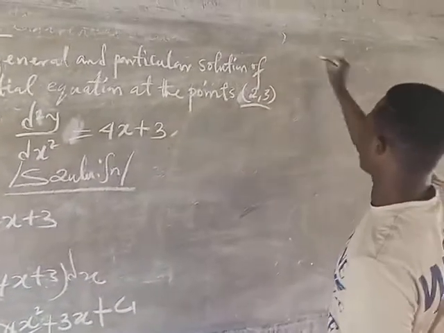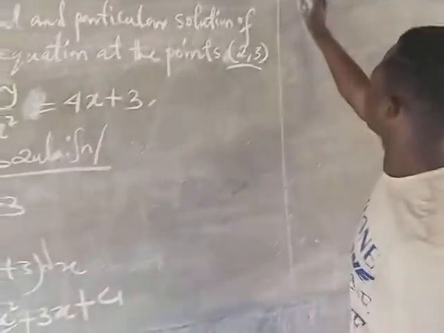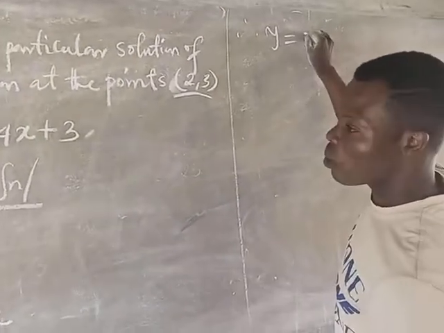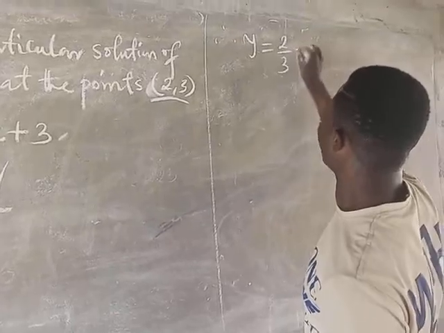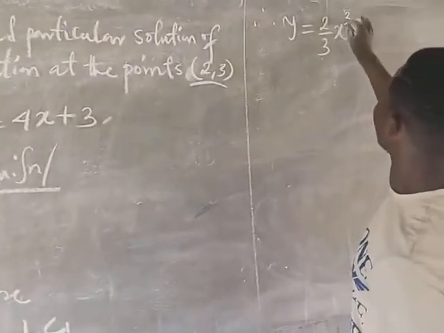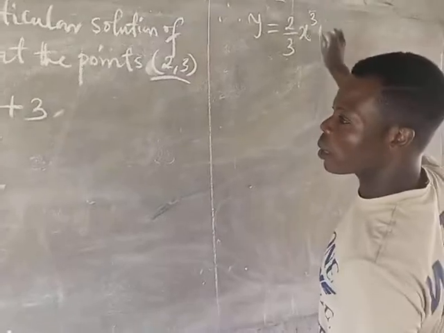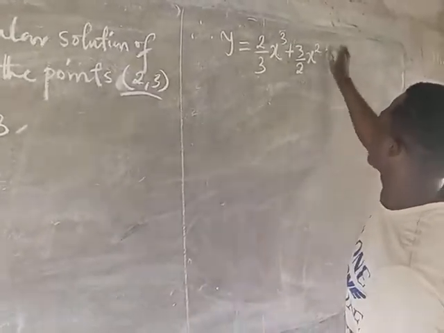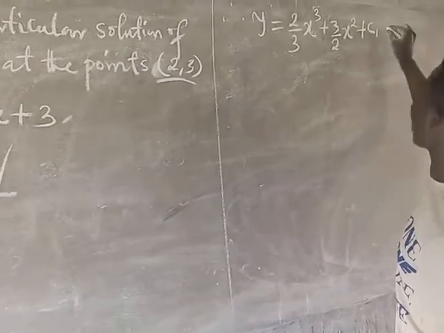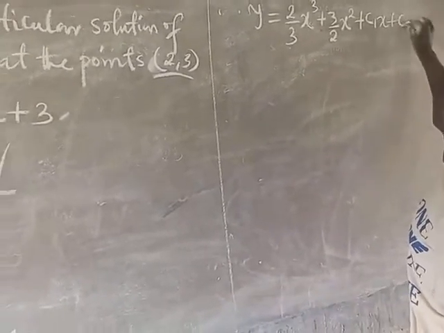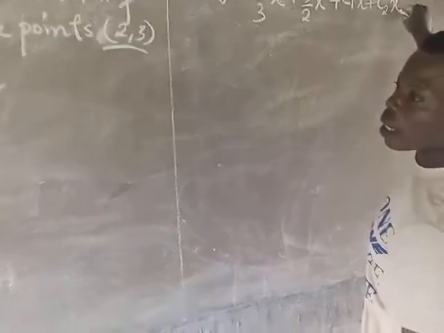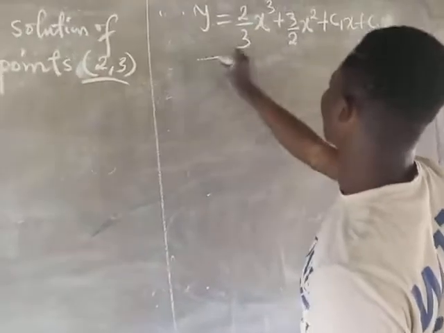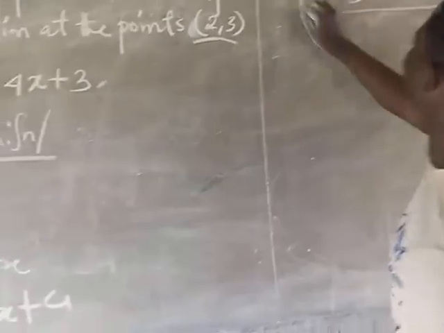Therefore the general solution is 2 over 3 x cubed, then plus 3 over 2 x squared plus c1 x plus c2. So this is our general solution.